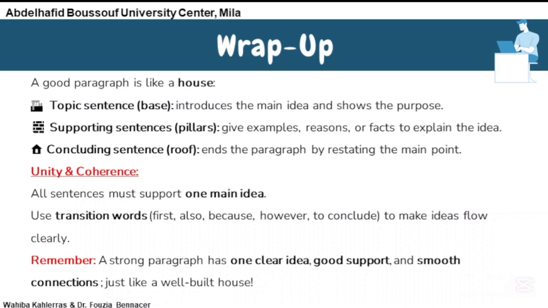Unity and coherence will make your ideas flow clearly. Remember, a strong paragraph has one clear idea, only one. It also has good supporting sentences. These sentences are smoothly connected with link words or transition words, just like a well-built house.